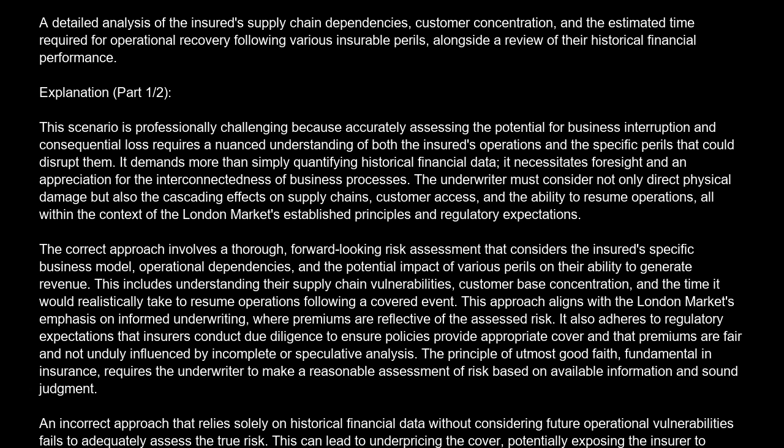This approach aligns with the London market's emphasis on informed underwriting, where premiums are reflective of the assessed risk. It also adheres to regulatory expectations that insurers conduct due diligence to ensure policies provide appropriate cover, and that premiums are fair and not unduly influenced by incomplete or speculative analysis. The principle of utmost good faith, fundamental in insurance, requires the underwriter to make a reasonable assessment of risk based on available information and sound judgment.